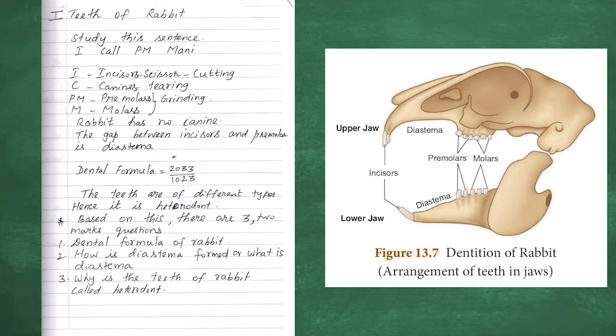Then PM for premolars, then M for molars. These two are for grinding. So if it has four types of teeth, that is why it is called heterodont. Okay, then here one more thing, the rabbit doesn't have canine, so there is a gap in between incisors and premolars. This gap is known as diastema.